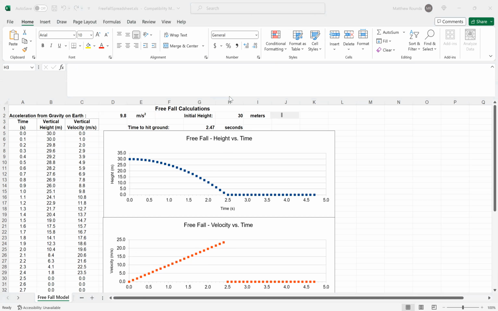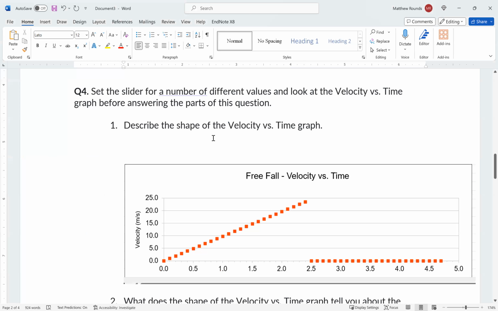So let me put this into the other screen here. Let's see if we can answer this question. Okay, so it says describe the shape of the velocity versus time graph. So you just have to describe what you see here. And it's all the words we just said while we were talking. Line, constant slope, going up and to the right. Any of those words would work here.